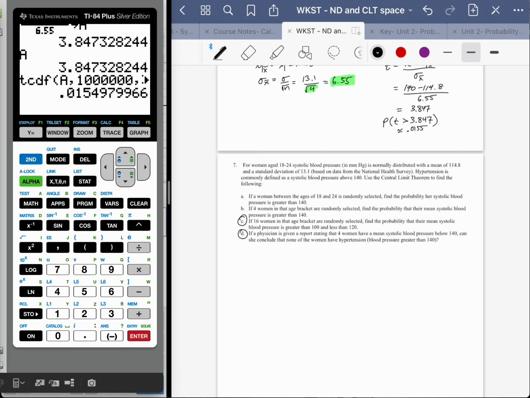So, 16 is the name of the game now. So, n is equal to 16. All right, and we want the probability that their mean systolic blood pressure is between 100 and 120? Oh, greater than, less than, not equal.